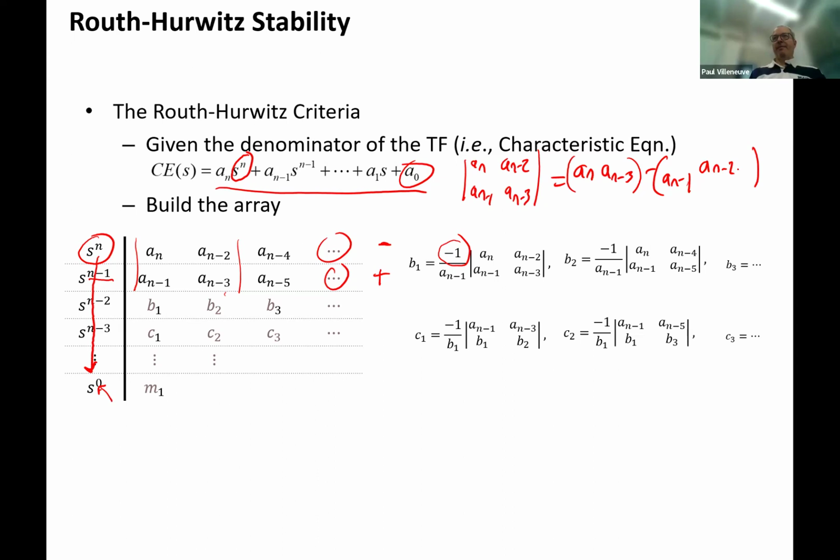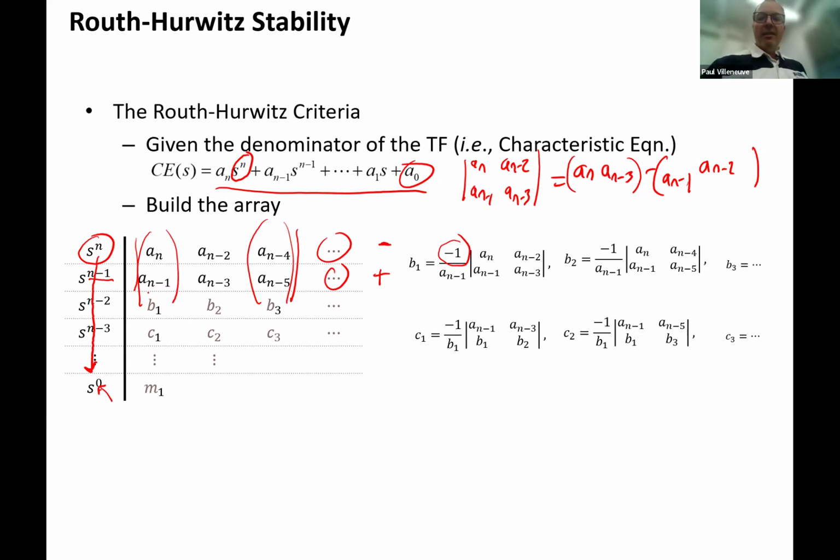That's B1. Now, to get to B2, you're still going to use the determinant approach, but now it's going to be modified a little bit. So I'm going to use this one here, and then I have to skip the term that's above it and go from there. The way that I describe how to calculate these determinants is it's always going to be the first column, and then the second column is always the two elements above that are in the column just to the right of the coefficient I'm trying to solve for.